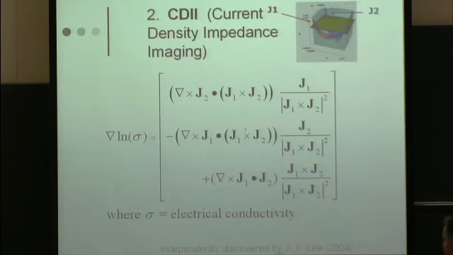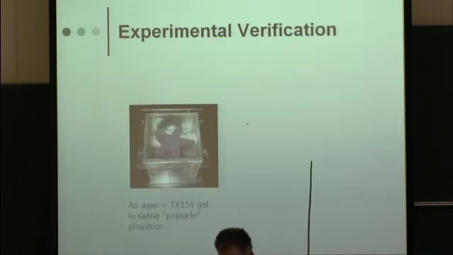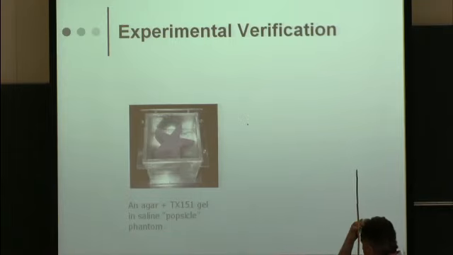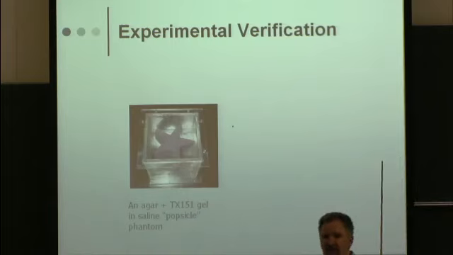This has independently been discovered by Lee. And the group in Toronto really loves this, and they started making experiments. And I'm going to show you this experiment, which is aimed mostly at the people who have seen pictures of EIT results.